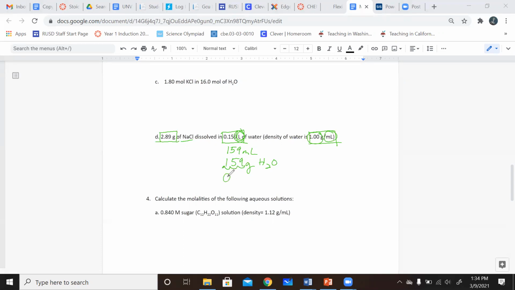So quite literally, we have 0.159 kilograms of water there. Okay? And then you can convert this 2.89 grams of sodium chloride to moles using your normal T-chart function. So that one looks harder than it actually is.